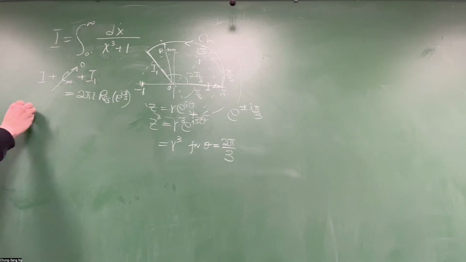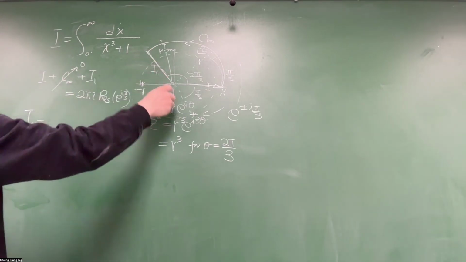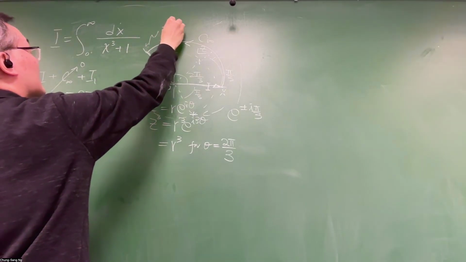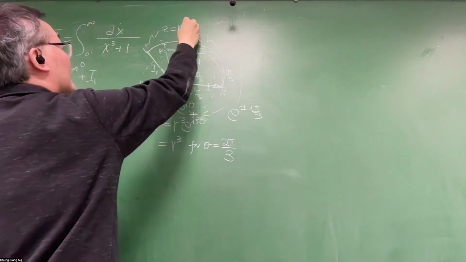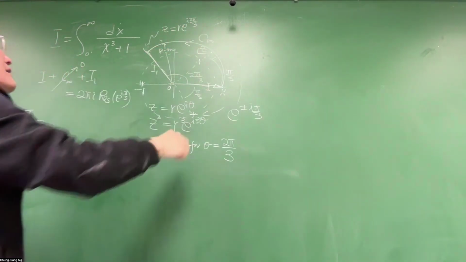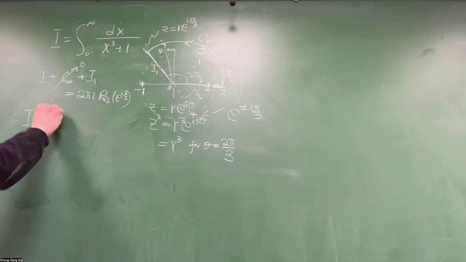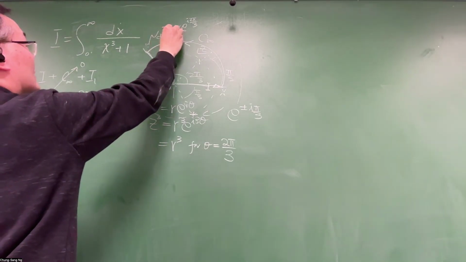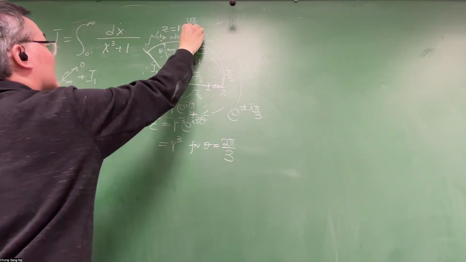I sub 1 is along the line. This line is z equals r e to the i 2 pi over 3, right? And then it's from r. So dz is dr times the same phase factor, right?